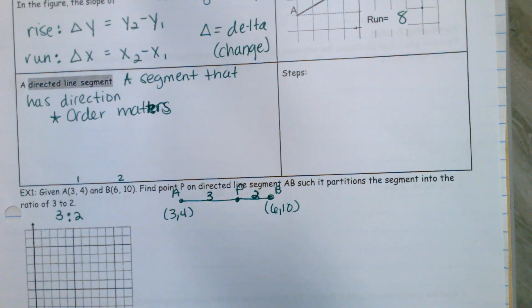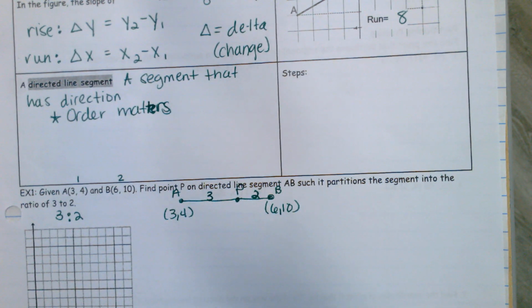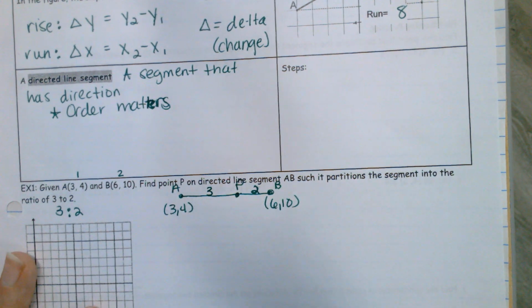That's a lot of cats and dogs. I don't know how we would survive. I think all the cats would be hissing and all the dogs would be barking. 15 cats to 10 dogs. You could reduce that and have it be what? 3 to 2. So I'm not telling you that this is the length, I'm telling you this is the ratio.